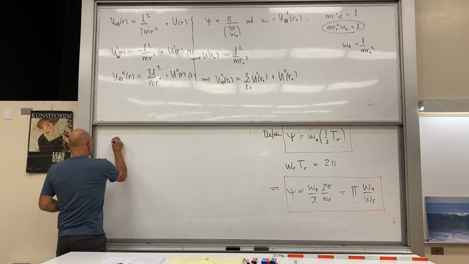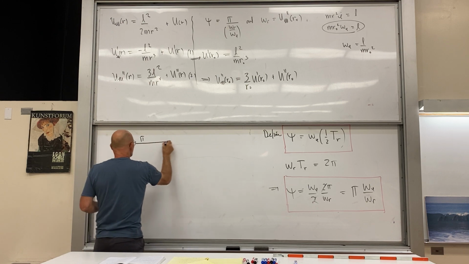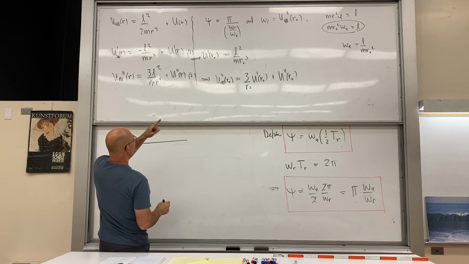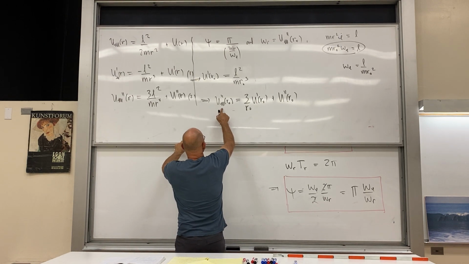So let's see, we have C is equal to pi divided by omega sub R, which is this one right here.